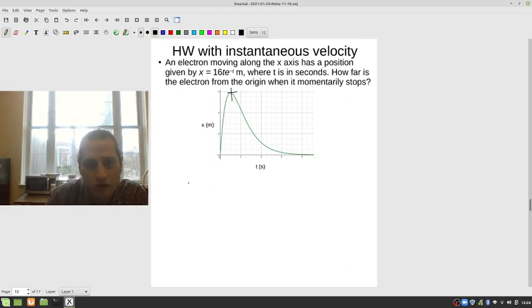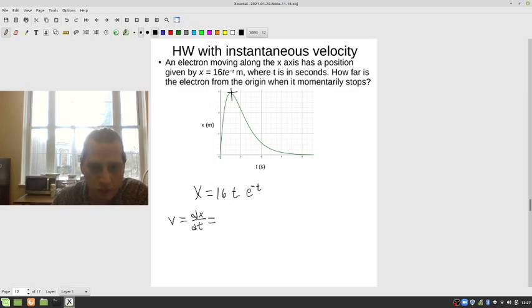Well, here's how I would do it. I would go x equals 16t e to the minus t in meters. And then my v is going to be my dx/dt. Now this is where you might have to dust off your calculus book. You have to remember your chain rule.